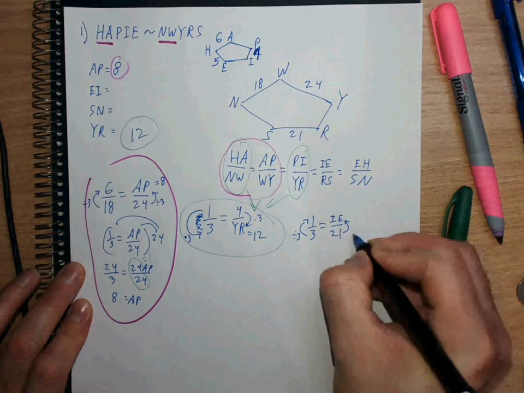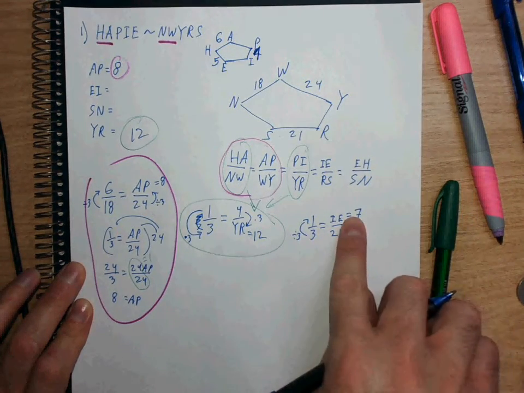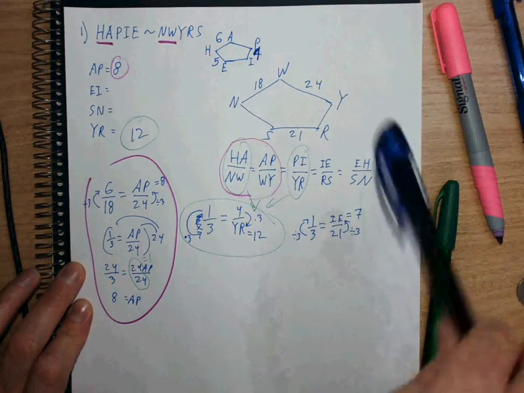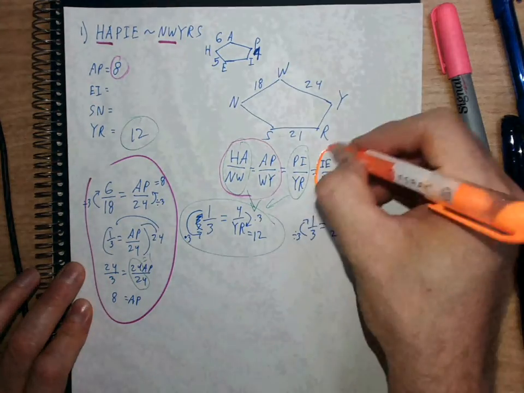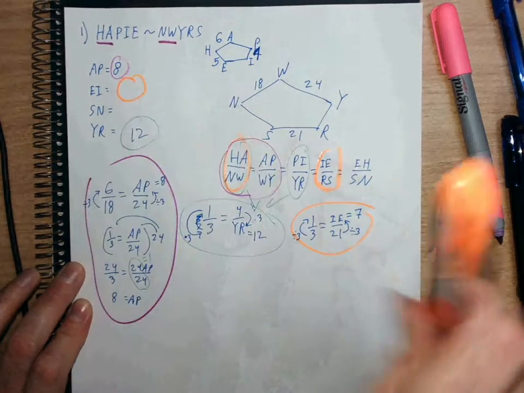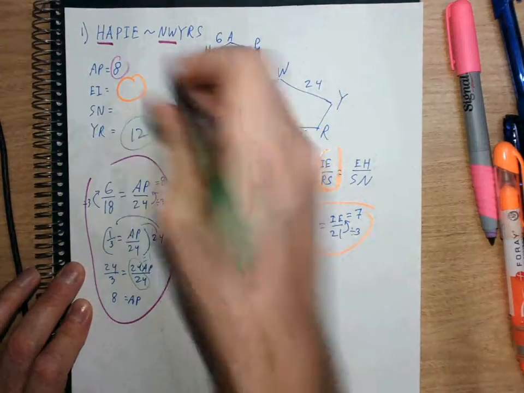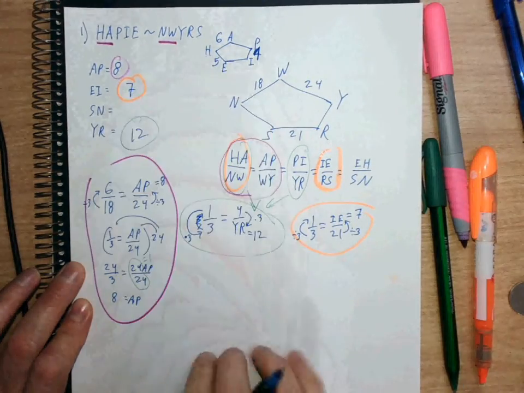Here, 21 divided by 3 is 7. So I know that IE, or EI, is 7. So I just used this one and this one, and I learned that IE is 7.